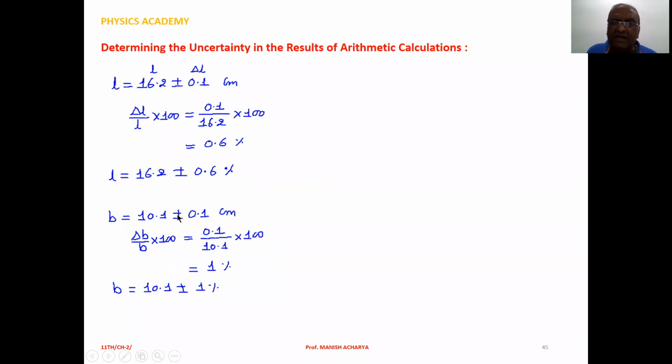So here in the error only one significant digit is there. So in the result you have to restrict it only up to 1, that is 1%. So you can write B, that is 10.1 plus or minus 1%. Clear to all of you?